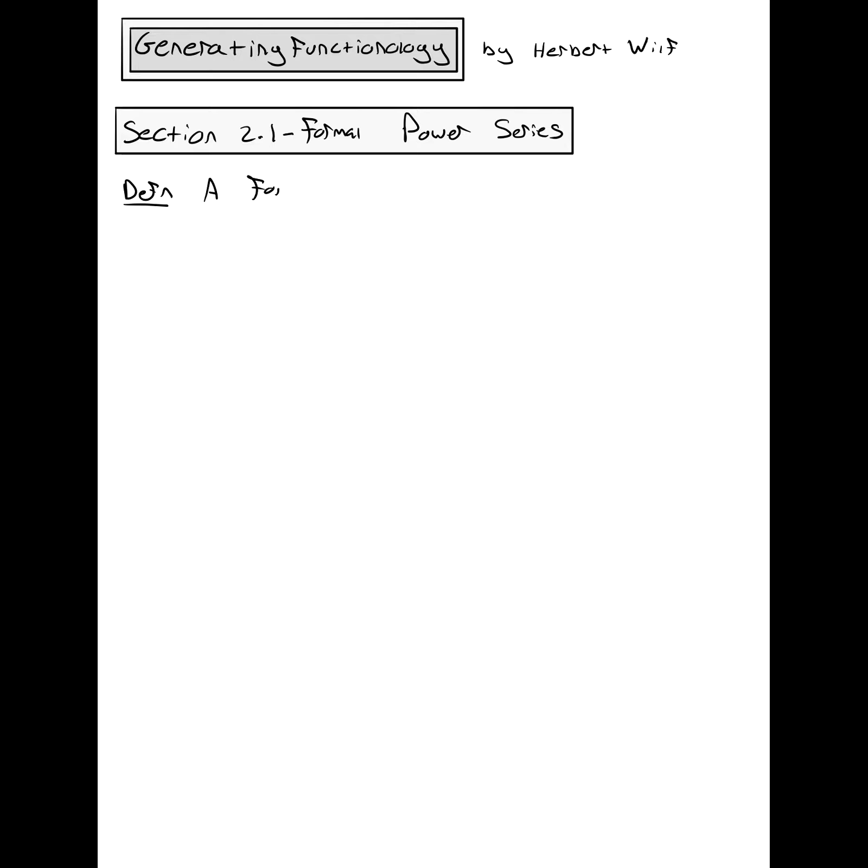A formal power series is an expression of the form a sub 0 plus a sub 1 x plus a sub 2 x squared, and so on.